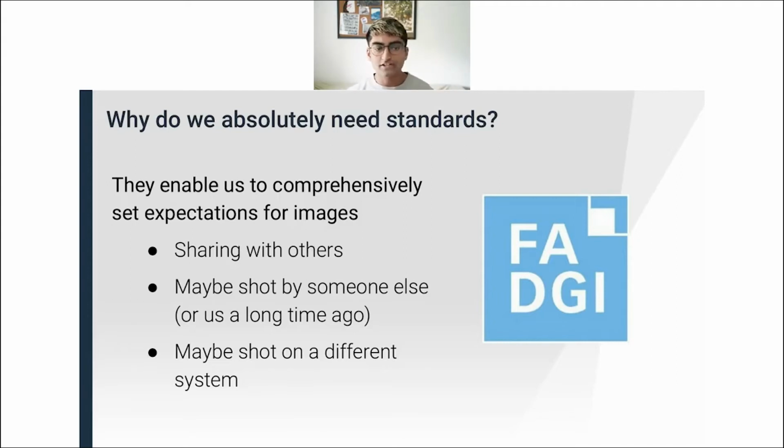So it doesn't matter what system I shot it on, doesn't matter if I shot it a couple of years ago, there's no doubt as to what that means in terms of what the image quality is, and more importantly, what I can glean from that image and be sure that that is accurate.